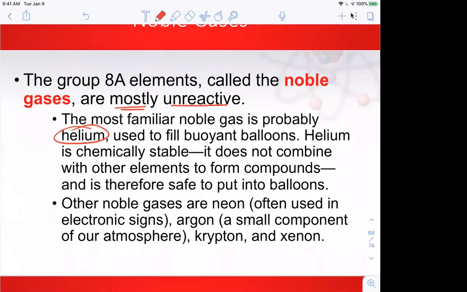It does not combine with other elements to form compounds, so it's safe to put in balloons. Other noble gases would be neon. If you've seen neon signs, that's the gas that is in those signs. Argon is a small component of our atmosphere. This category also includes krypton and xenon.